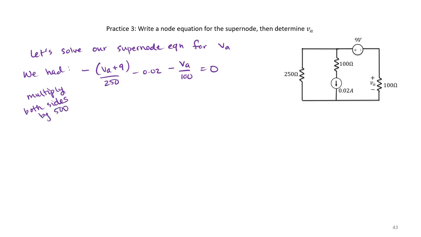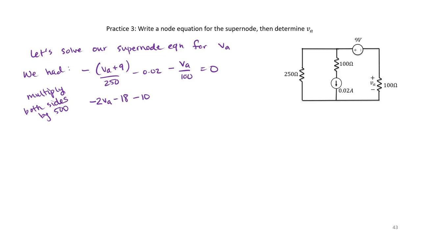Again, just be careful of negative signs. Everything in the numerator of that first term is multiplied by 2, so I get negative 2 VA minus 18. 0.02 times 500 gives us negative 10 here.